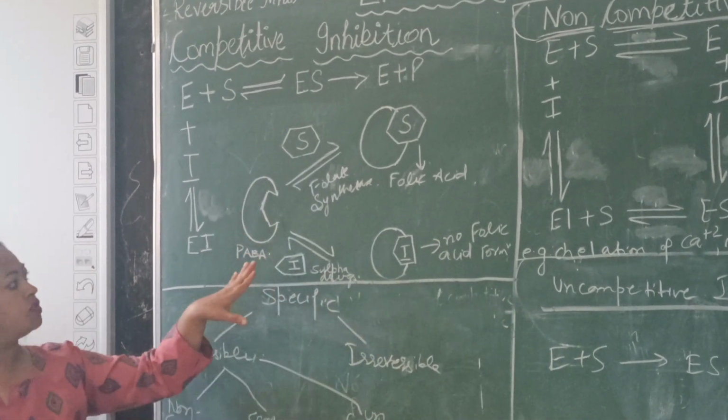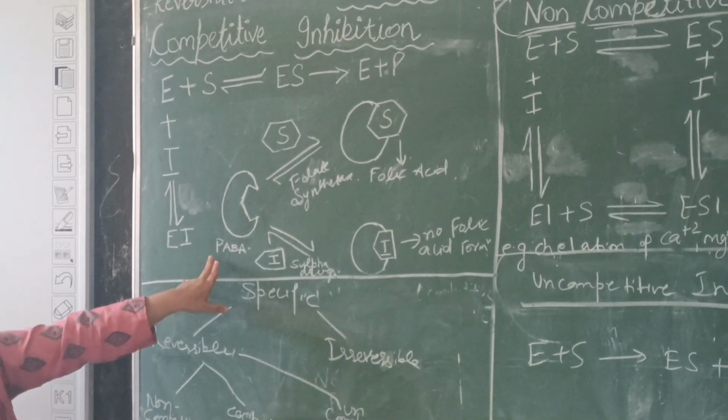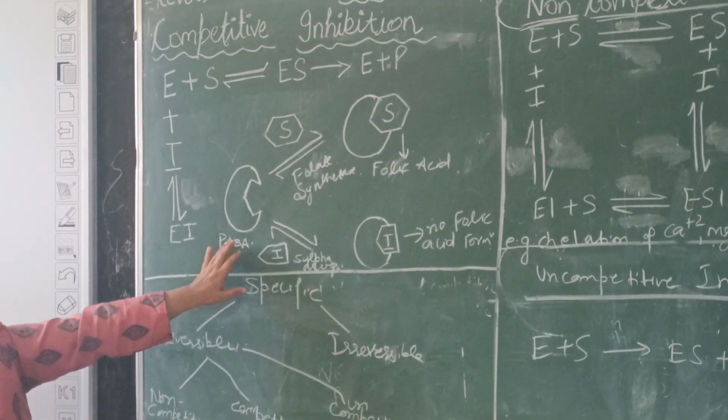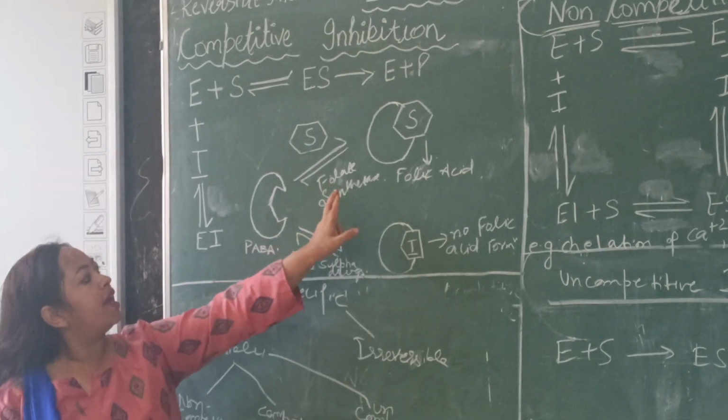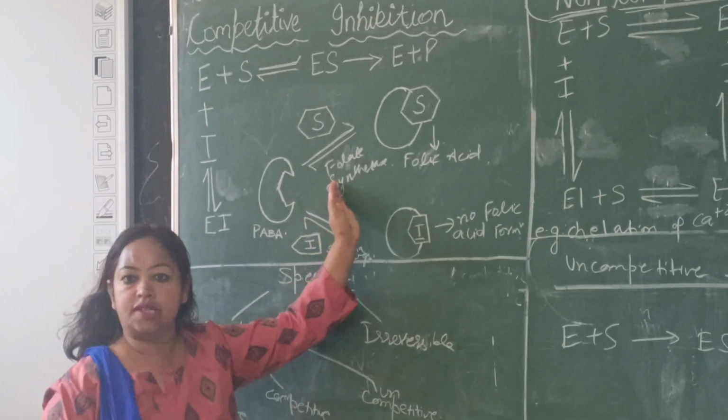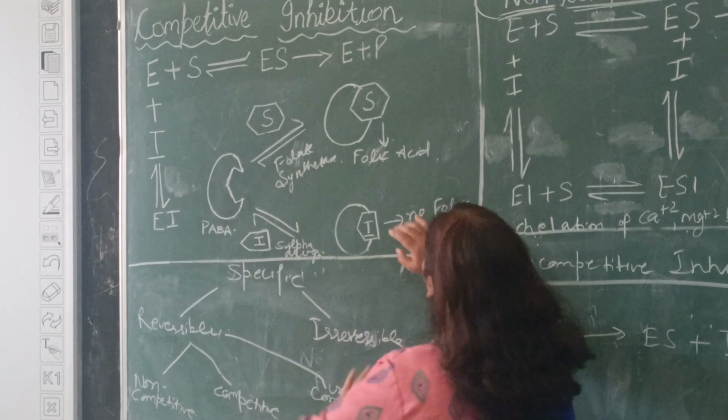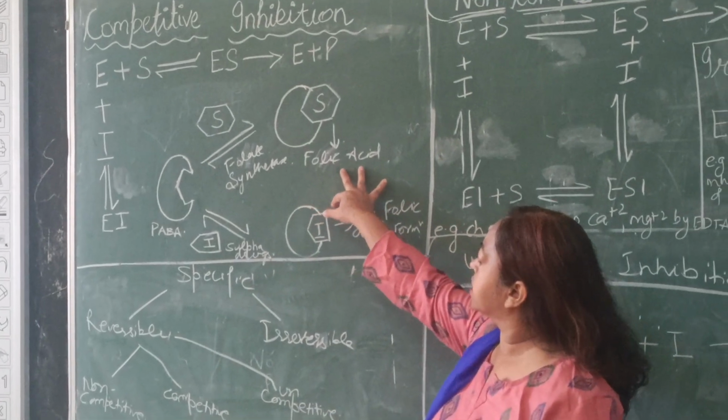active site. We have taken the example of para-aminobenzoic acid. When it reacts with folate synthetase, which is an enzyme required for the formation of folic acid.